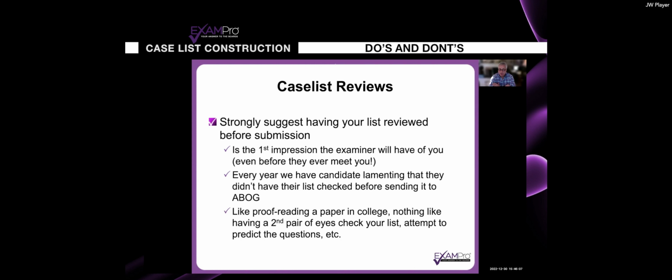Again, proofreading your own paper, you know what you intended to say. In the case of your case list, you'll know the background of the patient, but that doesn't always come through in how you've listed a particular patient, in that the examiner may not be able to piece together what happened based on what you've listed, and that can be important.